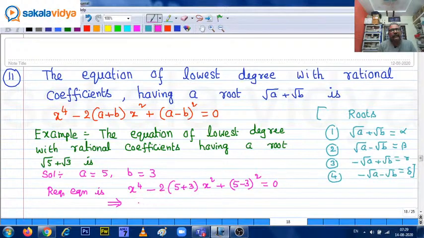So that implies x to the power of 4 minus 16x square plus 5 minus 3 is 2, 2 square is 4. That's all, very simple. With the help of this, we can find the equation. This is an important problem. This kind of problem will be asked in the examination. Now the answer is x to the power of 4 minus 16x square plus 4 equals 0.